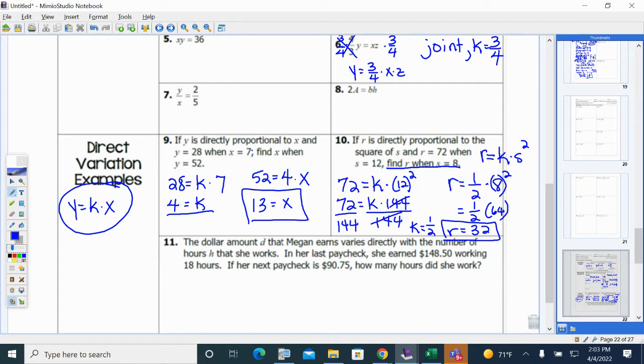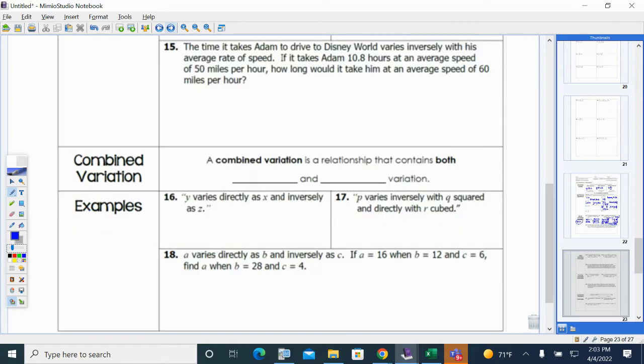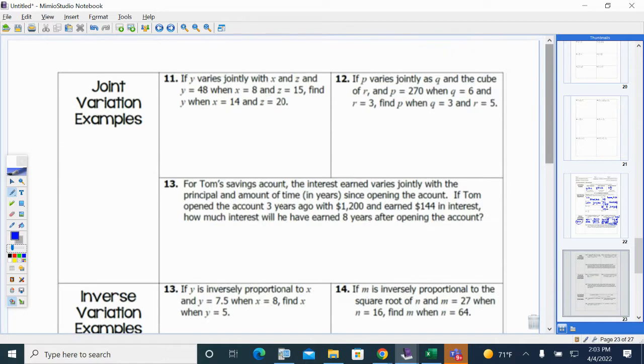Let's move on to this next section, joint variation examples. If y varies jointly with x and z, and y equals 48 when x equals 8 and z equals 15, find y when x equals 14 and z equals 20. So here again, I need to find the value of k.